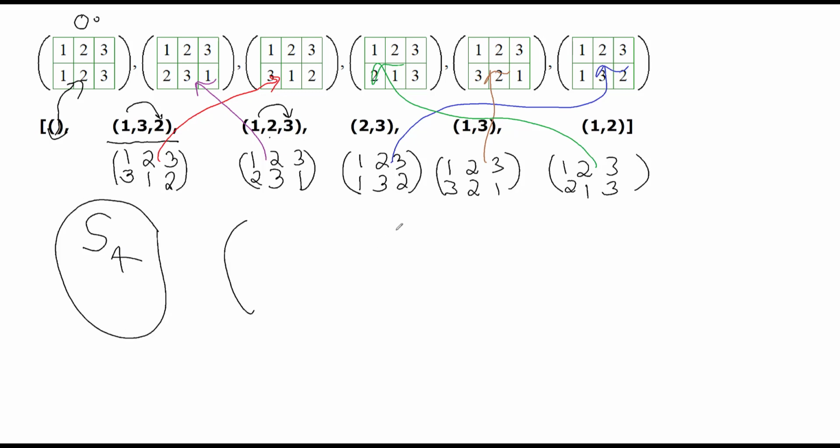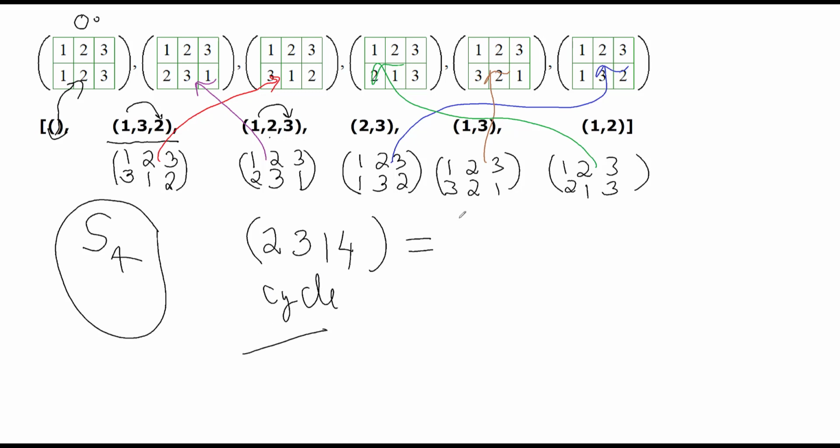instead of giving me images like this, somebody just gives 2, 3, 1, 4 with these brackets. This again will mean a cycle. So we have 1, 2, 3, 4.